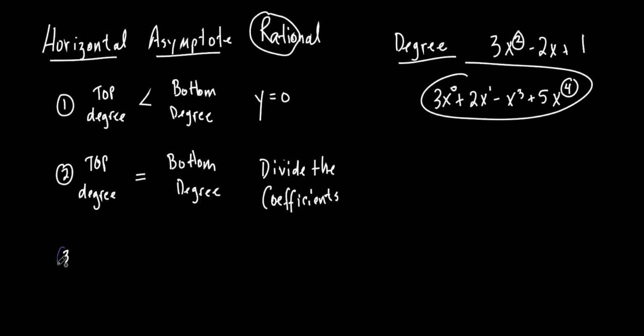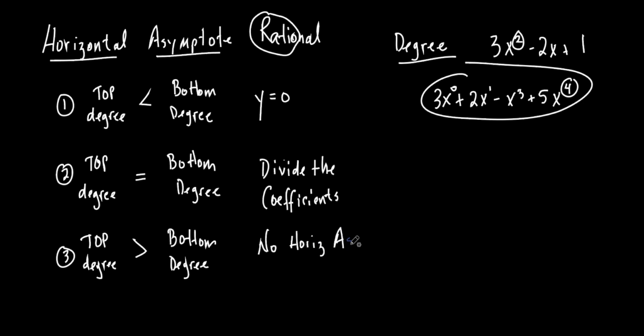All right, number 3. What's the other choice now? We got less than, we got equal. It's greater than, okay? So if the top degree is greater than the bottom degree, this one's kind of nice. There is no horizontal asymptote.